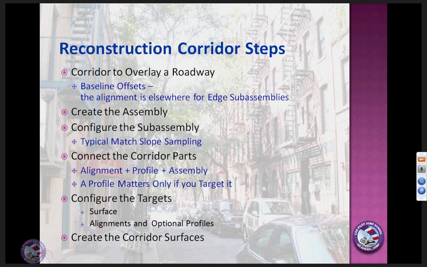Then you're going to have to create that subassembly, right? Configure the subassemblies, connect all those corridor parts, we're going to need the alignment, and we'll probably need offset alignments, right?